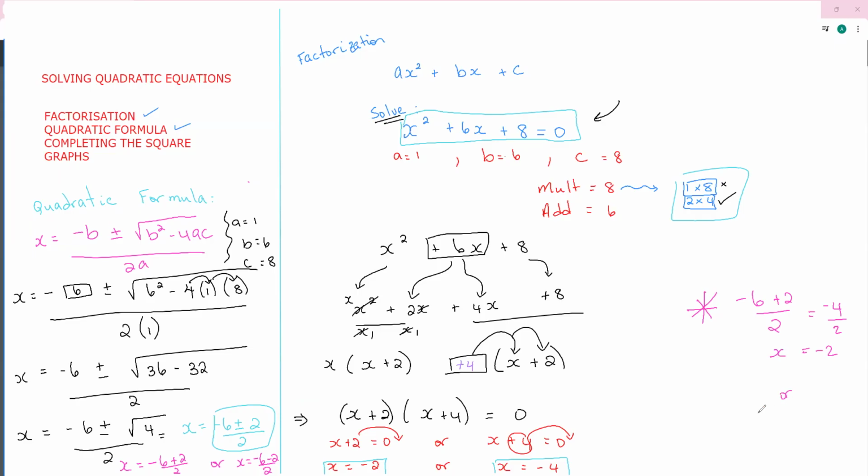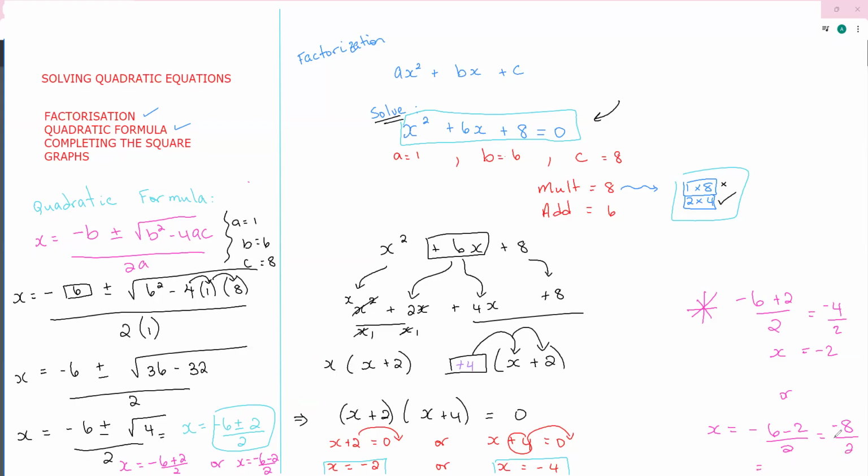Or the other one, x is equal to minus 6 minus 2 divided by 2. When we have two same signs, we add and keep the sign. So that will be negative 8 over 2.